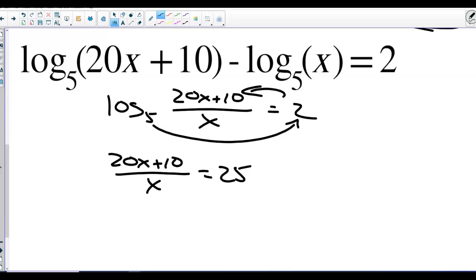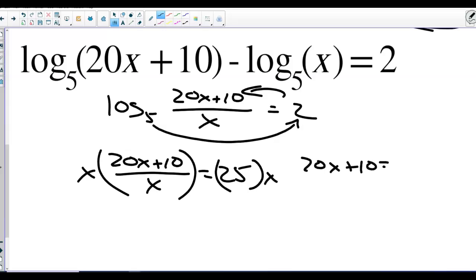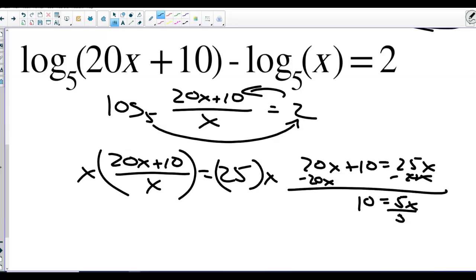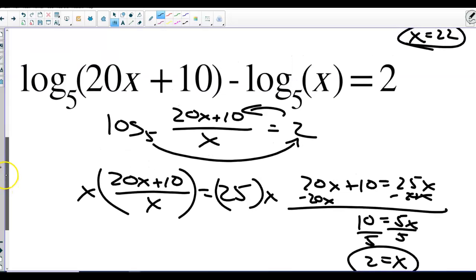I'm going to multiply x on both sides. 20x plus 10 equals 25x. We subtract 20x on both sides. 10 equals 5x, and we divide by 5. My x equals 2. And there's your answer.